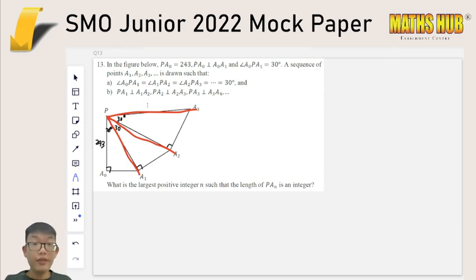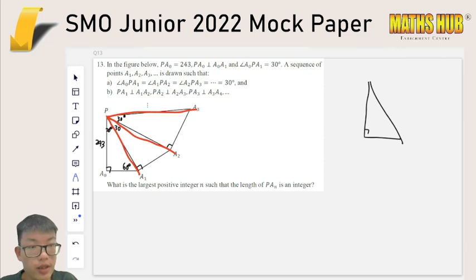Because with this 30 degrees down here, you get a bunch of 30, 60, 90 right-angled triangles. Now, please remember and be aware that for right-angled triangles with these angles, 30, 60, 90, they have a very special ratio, which is that this is 1 is to 2 is to square root 3.